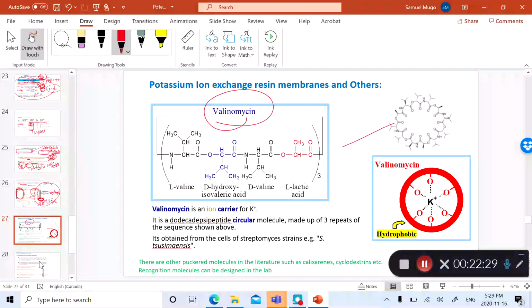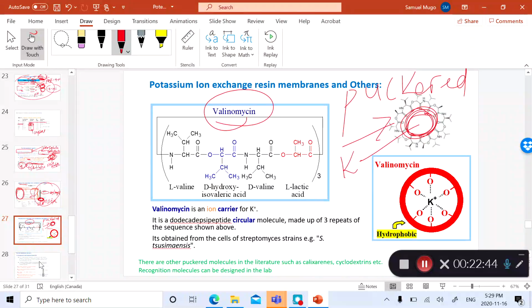These are compounds that have got a hole in between. Sometimes they call them Packard molecules, meaning they've got a hole. And the size of this hole can fit a very particular ion, like potassium in this case. And that way you've already made a membrane that is selective to potassium.